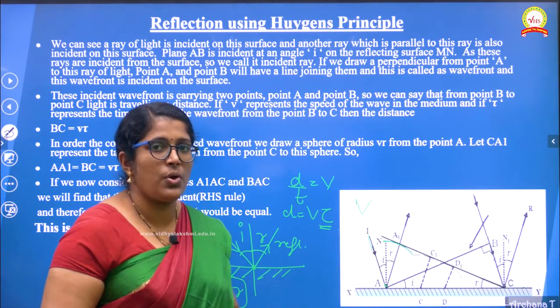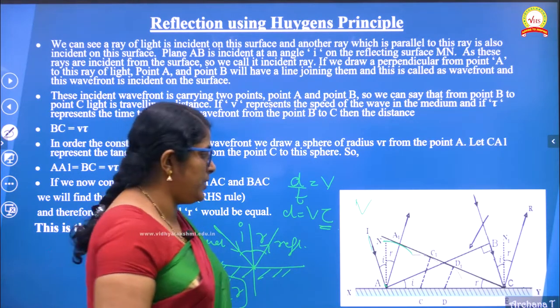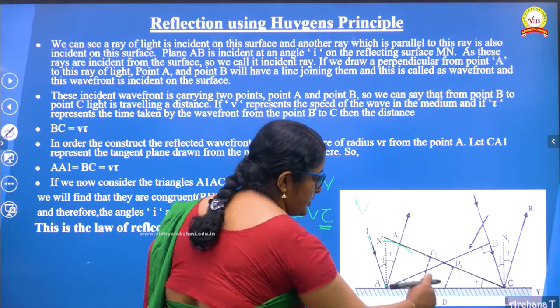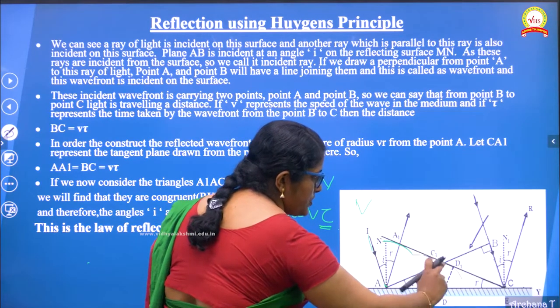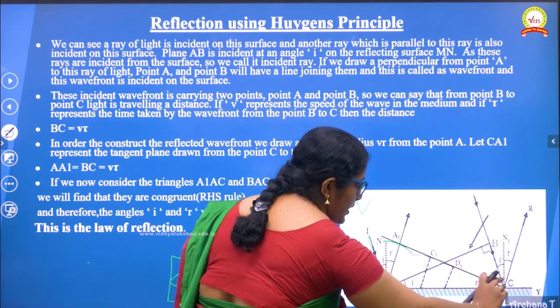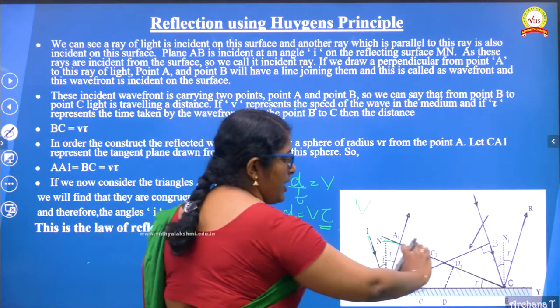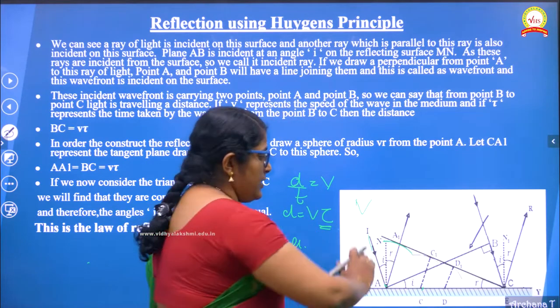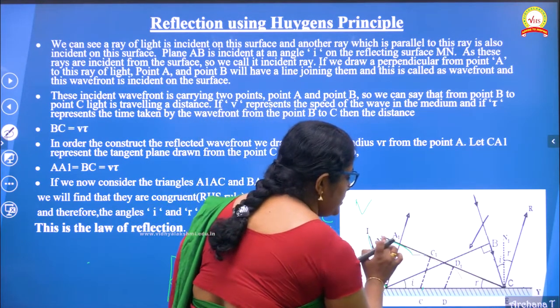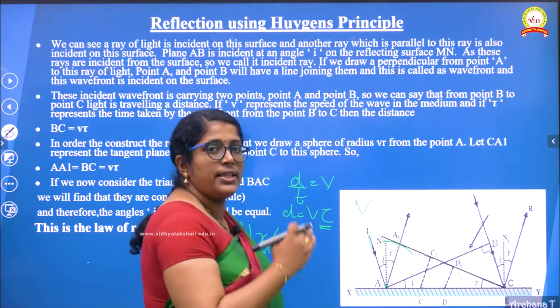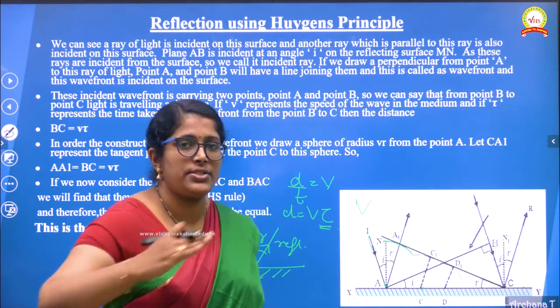So one process is over. Then again the next ray will be incident like this. Again you can draw V tau for the next ray, like that. So you can see different arcs. If you combine all of them you will get a new line here, isn't it? This is the joining of all the tangents.